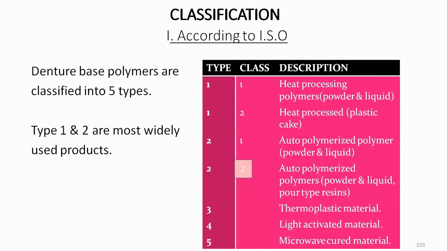Type 2 has another chemical which will break down the benzoyl peroxide initiator and create free radicals. For thermoplastic material, the mechanism is a little different: when heat is applied, it becomes plastic. Type 4 has light as an activator, and type 5 has microwave as an activator.